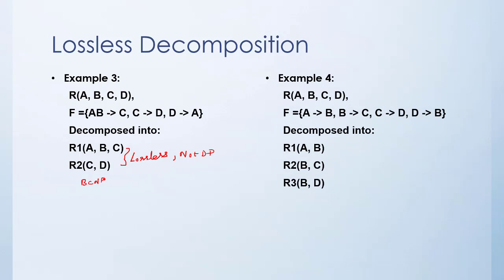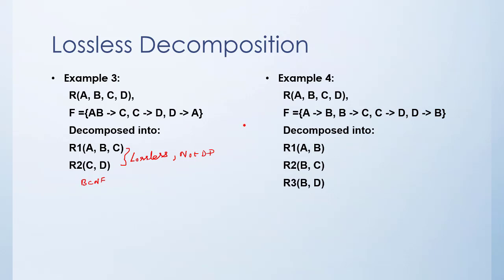You can see that the attribute of R1 union attribute of R2 union attribute of R3 gives me all the 4 attributes present in R, and the common attribute, that is the intersection of attribute of R1, R2 and R3, is B. In relation 2, B determines C, so B can be a super key for R2.